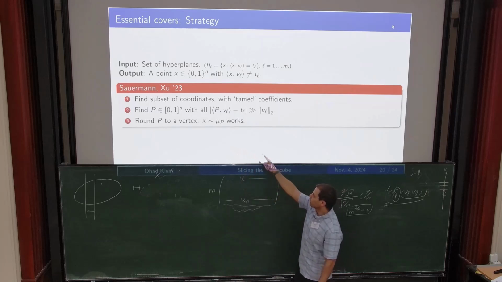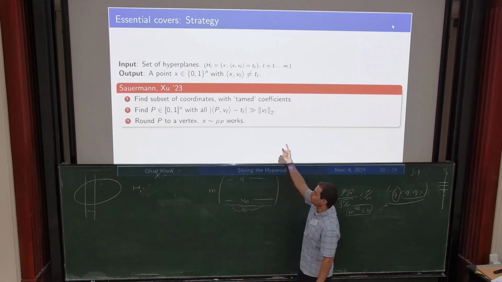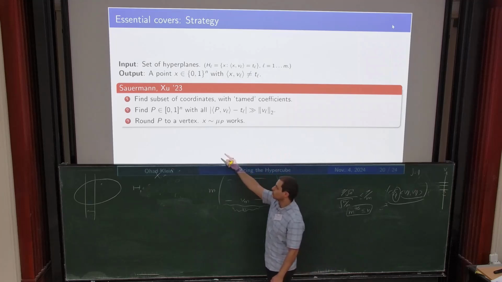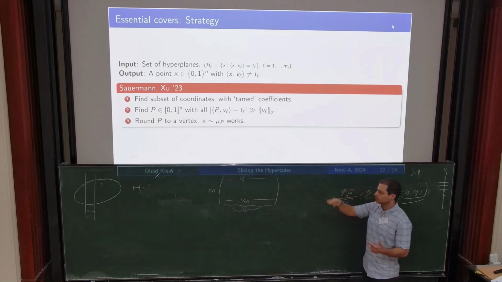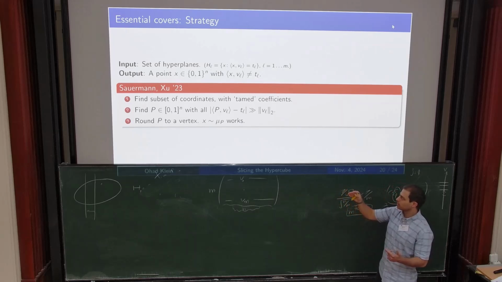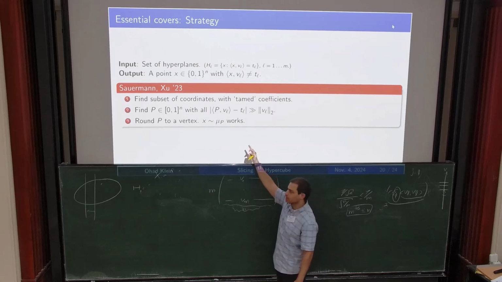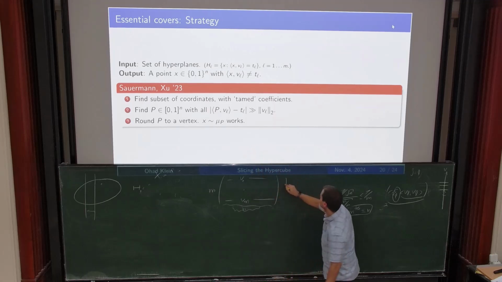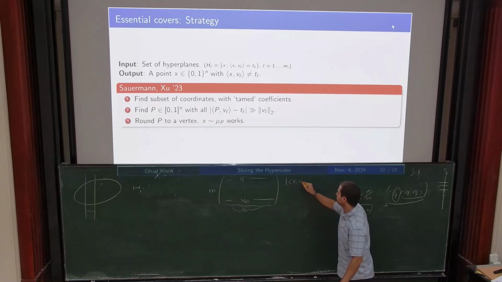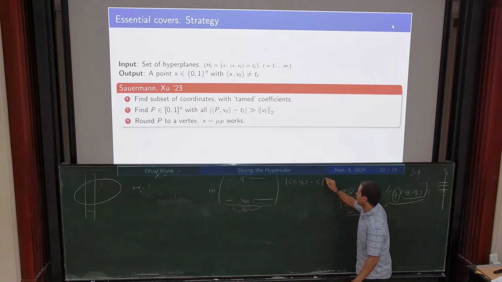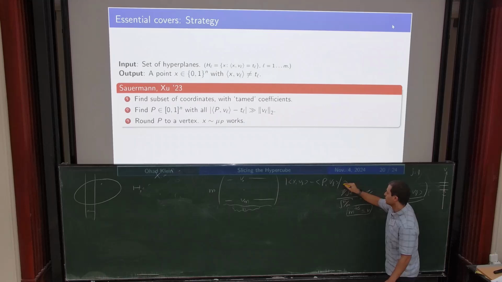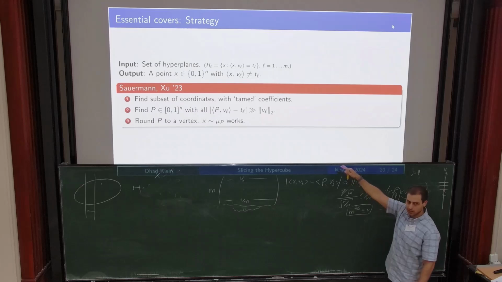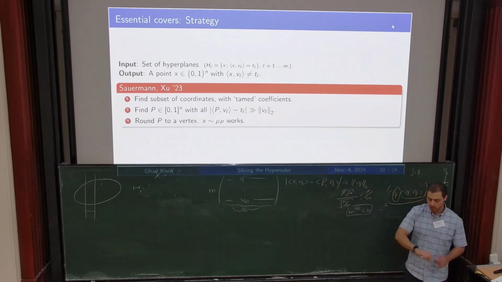Because we require that our point P is very far from all the hyperplanes, if you round the point P to a random vertex using our randomization technique, then the inner product between X and V is going to be close to the inner product of P and V, and the deviation is going to be about the L2 norm of V. So this exact requirement was used in the third step.